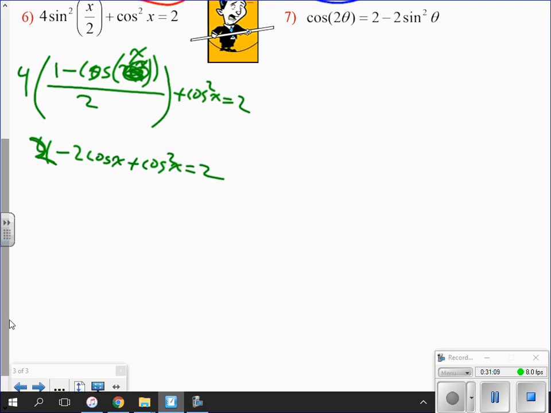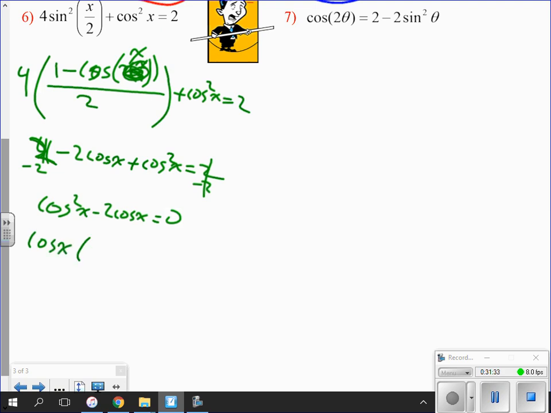Subtract 2 from both sides, and then rearrange it a little bit. You get cosine squared x minus 2 cosine x is equal to 0, because if I subtract 2 from both sides, that goes away, and I have it equal to 0. Factor out a cosine.